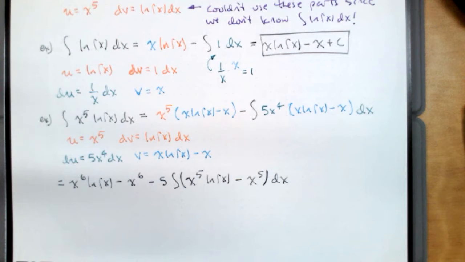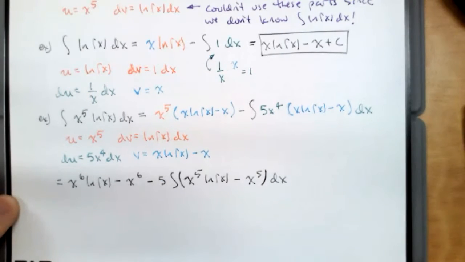I want to recognize when the integral that I started with shows up on the other side of the problem, because I don't want to have to integrate. I'm already in the midst of integrating this, and I just found 5 copies of the thing that I'm looking for. So I'm going to combine like terms because algebra. And I'm going to gather all the integrals of x to the 5th natural log of x dx onto one side of the equation. So I'm going to look at these 2 terms.